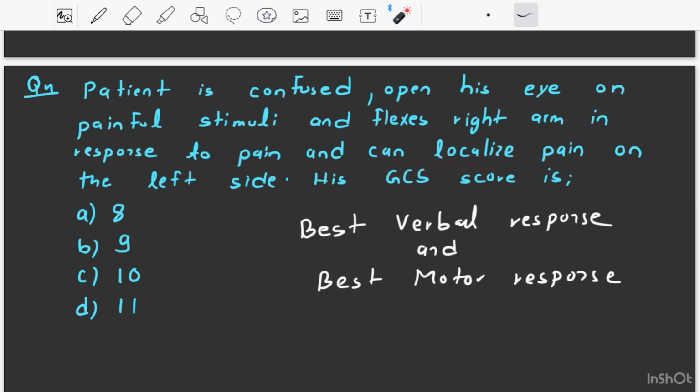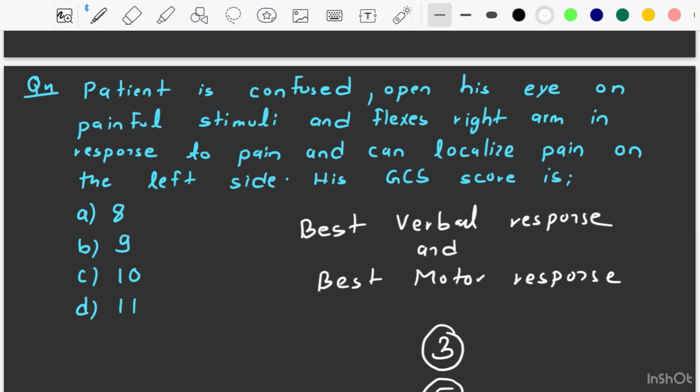The patient can localize pain on the left side as well as he flexes his right arm in response to pain. So if we take flexion of right arm in response to pain, his motor response will be 3. If we take the localization of the pain, his motor response would be 5.